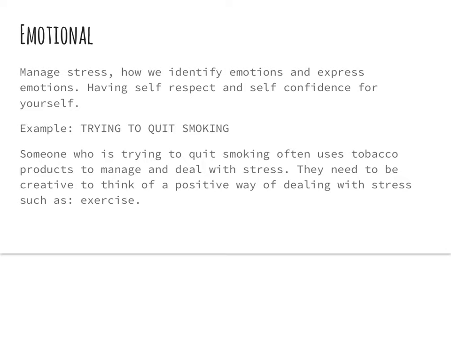So finding an alternative way to deal with stress. Some stress management techniques could be meditation, some relaxation methods, and it could also be exercise, whether it's yoga or just walking the dog, but finding a creative way to manage stress that will work for them in their daily lives.